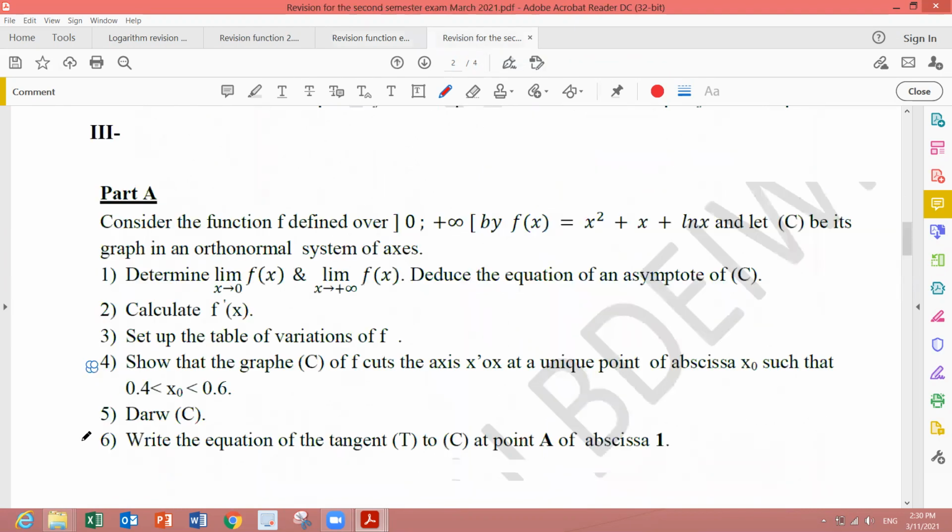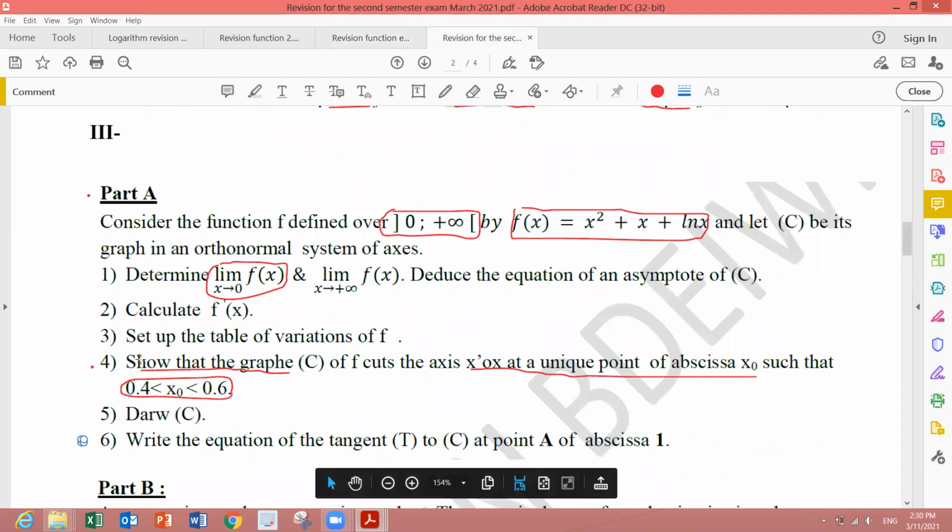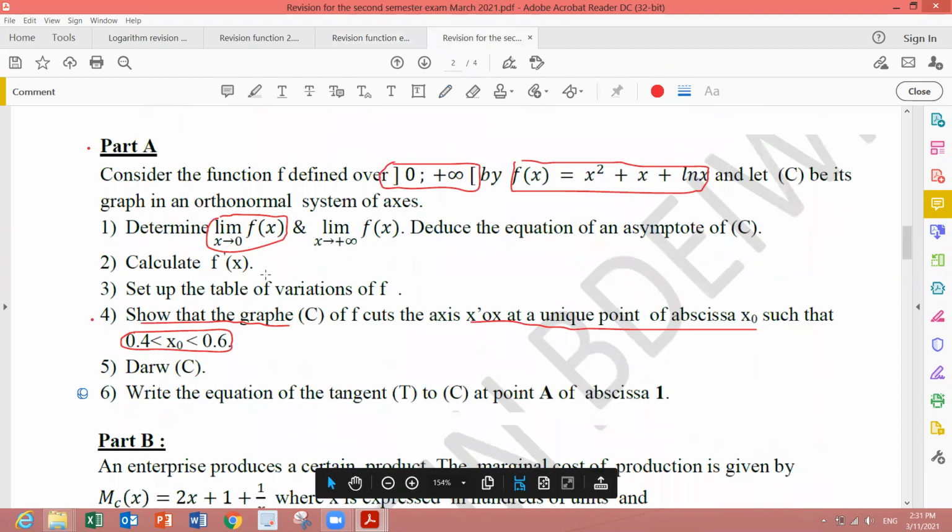Part 6, write the equation of the tangent T to C at point A of abscissa 1. How to write the equation of the tangent?